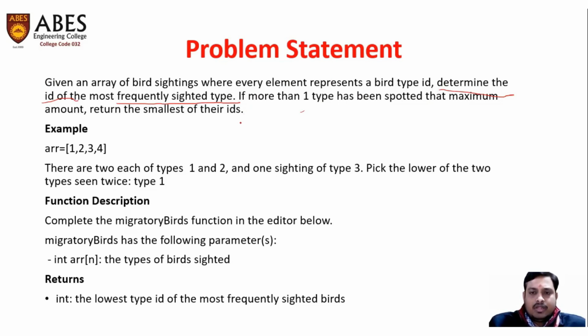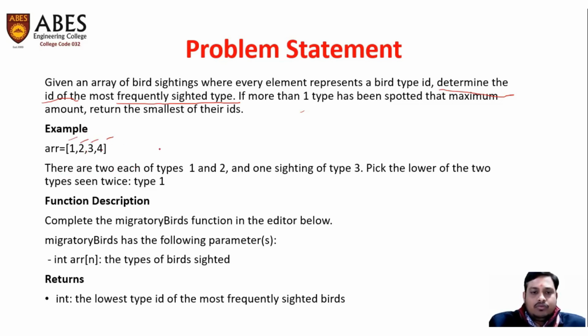Suppose there is more than one bird type that is sighted most frequently. In that case, we have to return the smallest ID. One example is given here, like 1, 2, 3, 4. So these are the IDs of the birds 1, 2, 3, and 4.